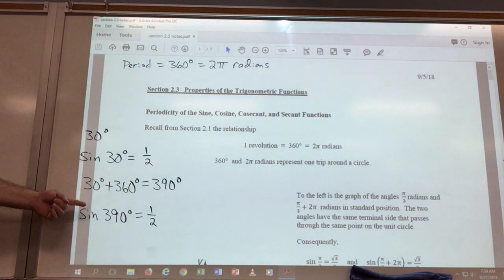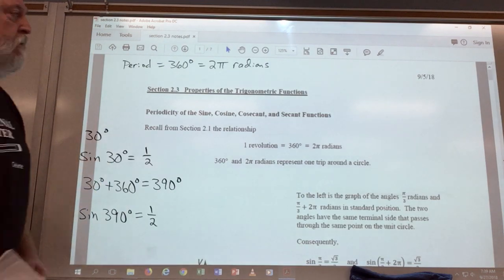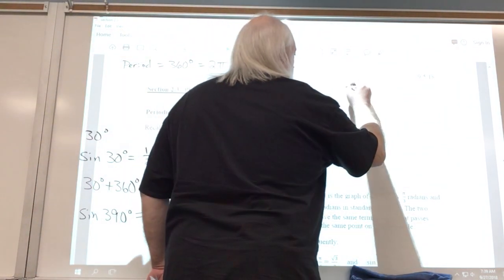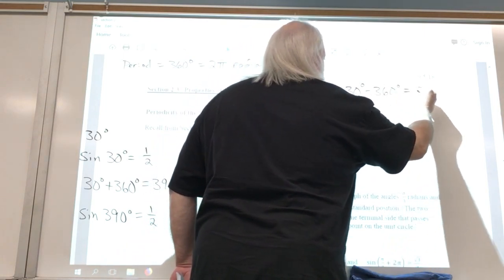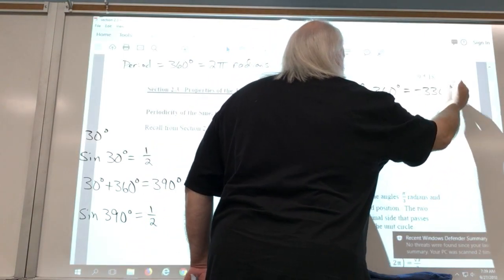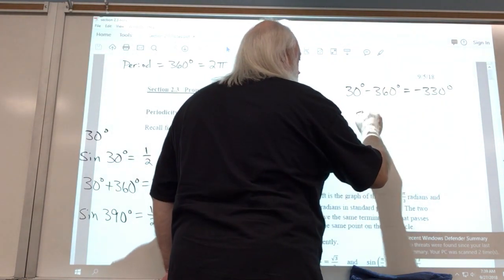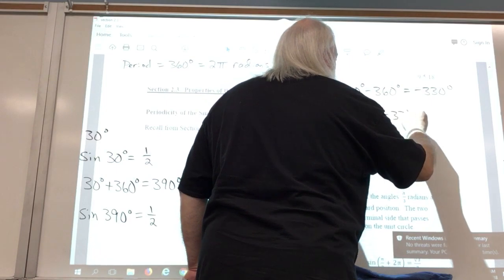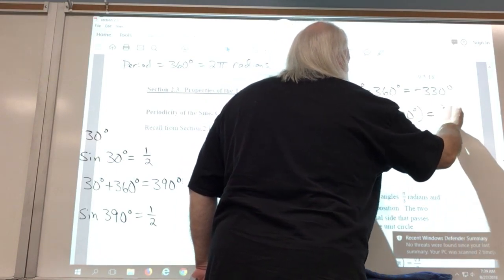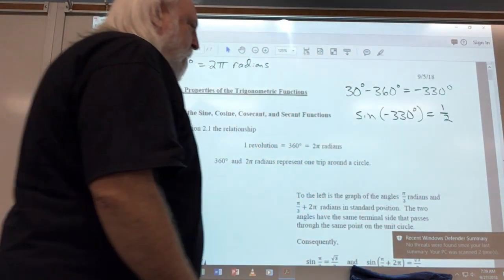So adding 360 degrees to an angle doesn't change the value of the sine function. And it's also true when I subtract 360 degrees from an angle. 30 minus 360 degrees is equal to minus 330 degrees. And so the sine of minus 330 degrees is also equal to 1/2.